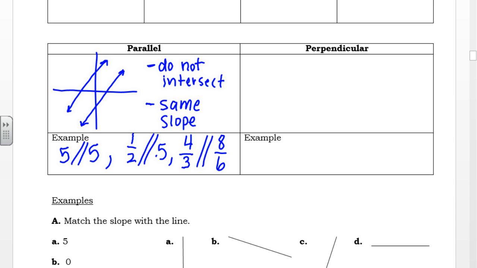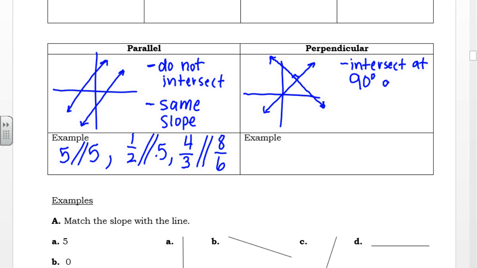Perpendicular on the coordinate plane is when we have a line and another line crossing that first line at exactly a 90-degree or right angle. These slopes are negative reciprocals.